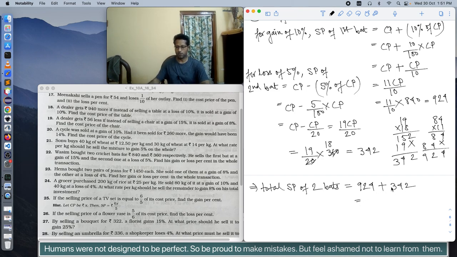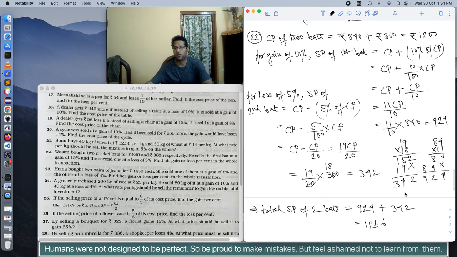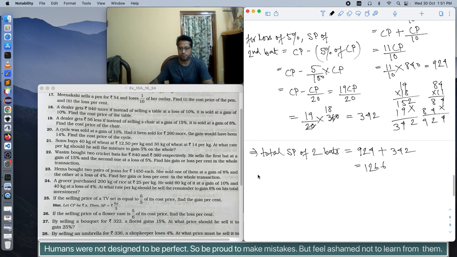So 924 plus 342 is 1266. I'm ignoring the unit of rupees, I hope it will be understood. So the selling price of the 2 bats is rupees 1266, and the cost price of the 2 bats was 1200, and hence this is greater than 1200.